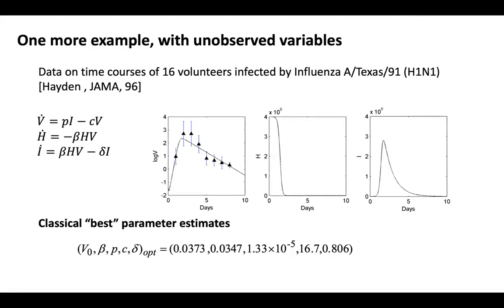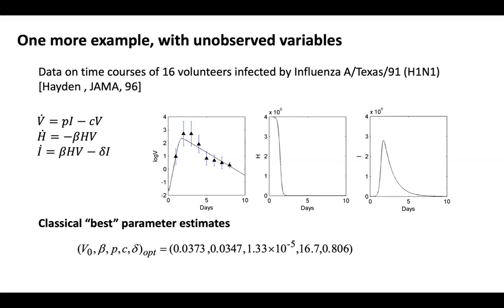And here's a quick example with just a very simple 3D sort of flu model. You have a viral load, a healthy population that's going away, and an infected fraction that's rising and then decaying as well.